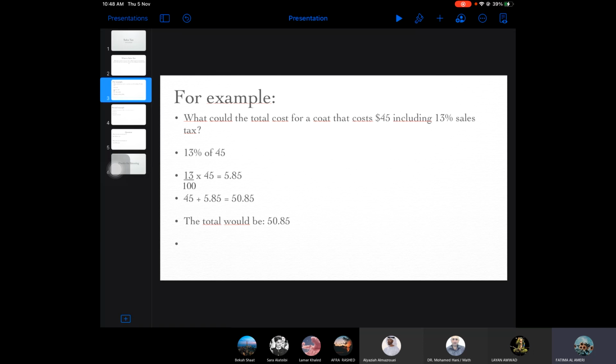Then we multiply 13 by 45. We will have 585. When we get 585, we will divide it by 100, so we will have 5.85. Then we will take 5.85 plus 45, we will have 50.85. The total will be 50.85.